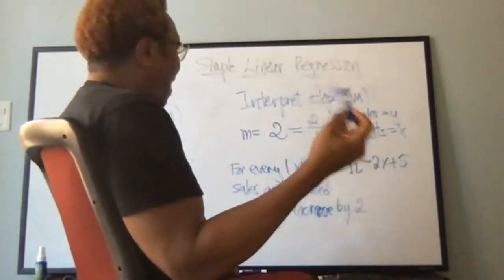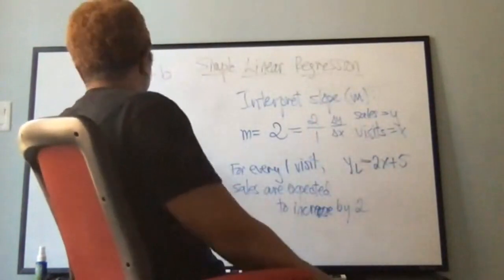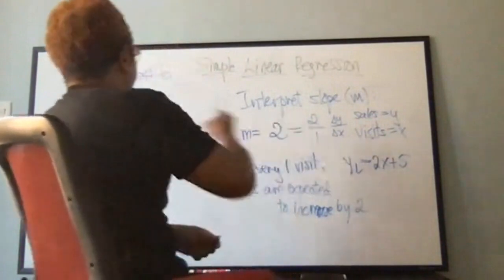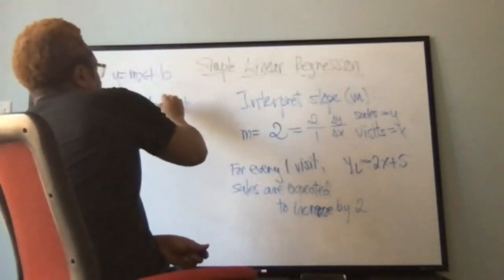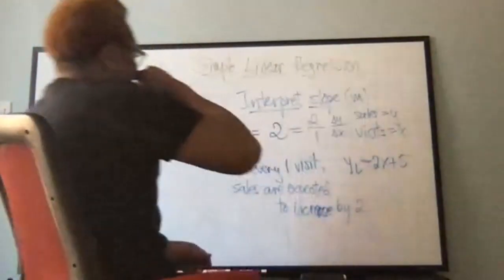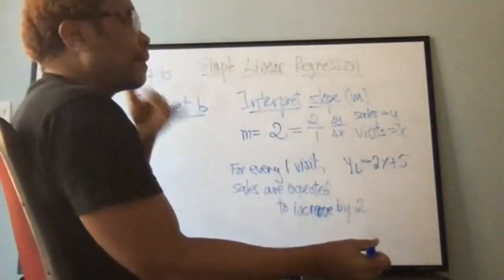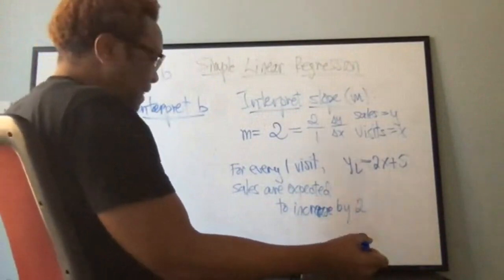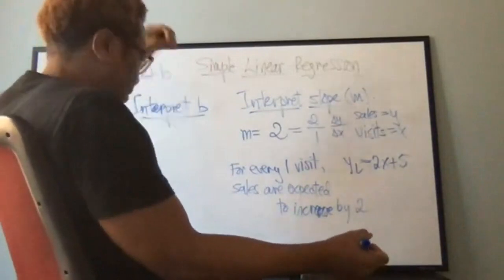Now, if you have to interpret the y-intercept, which we mentioned last time, interpret b, which is the y-intercept, what you have to do is make sure that the x's are included in the range.